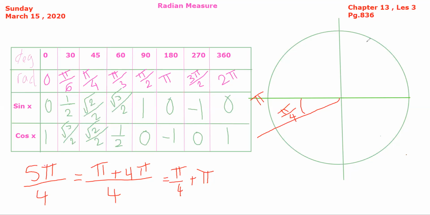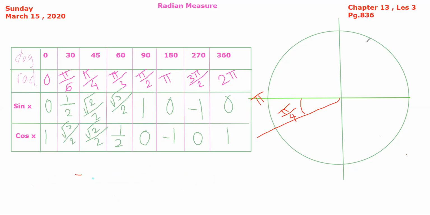So now, to find the cosine and sine of 5 pi over 4, I will use the cosine and sine of pi over 4.